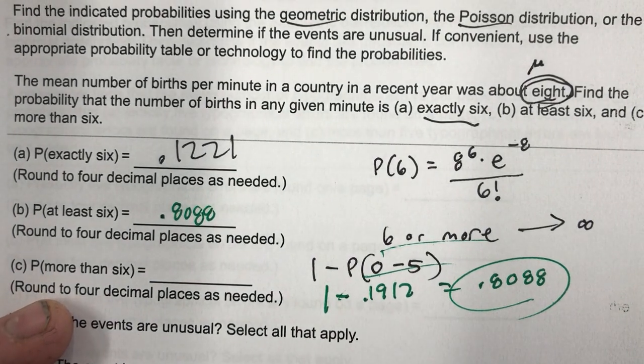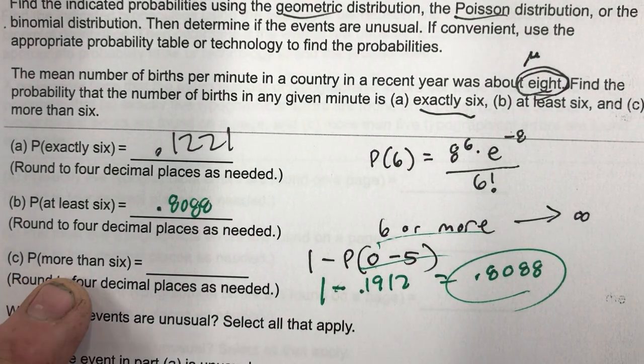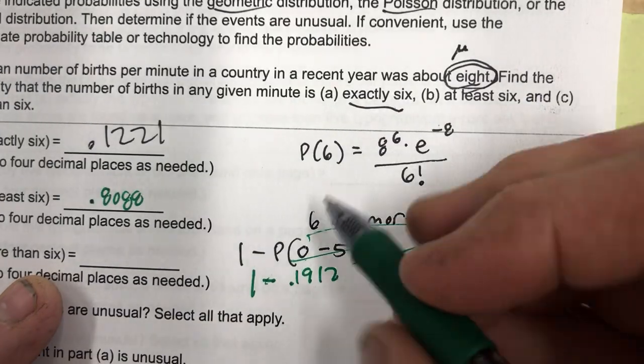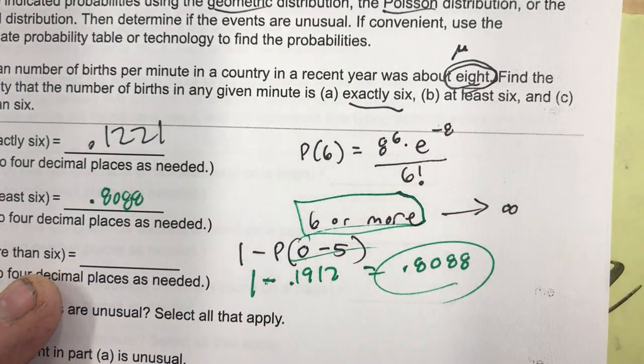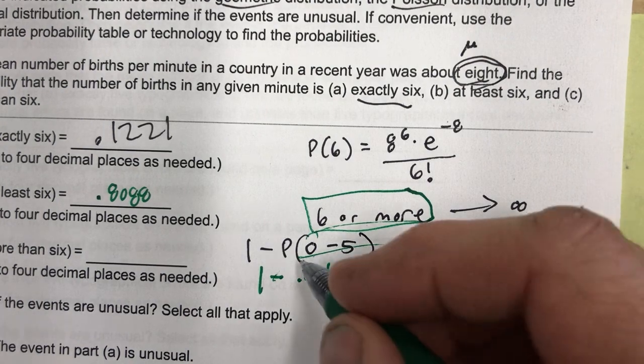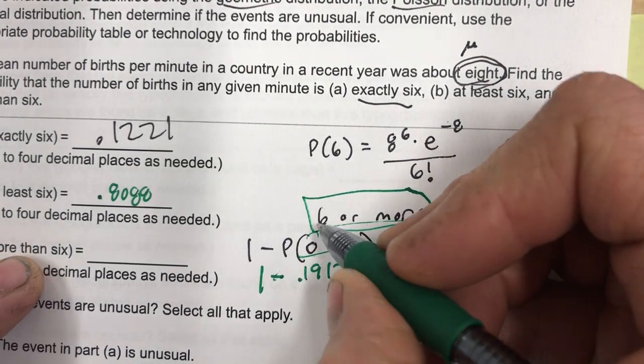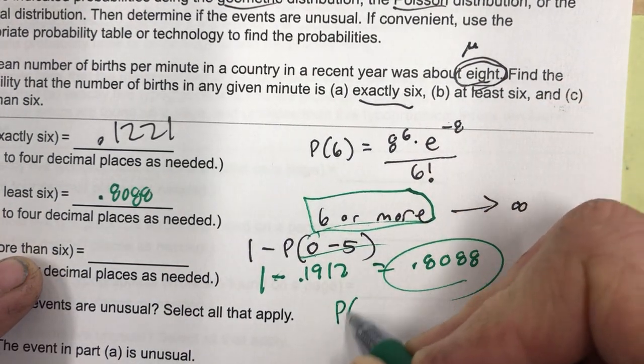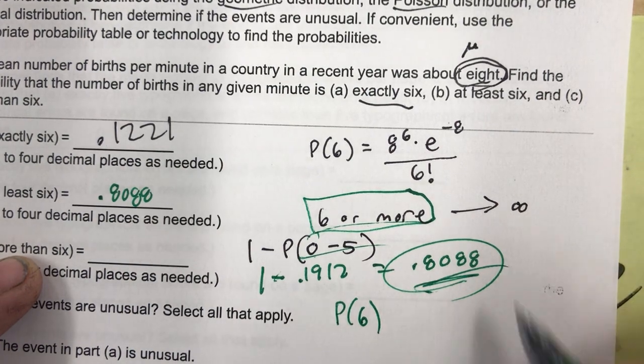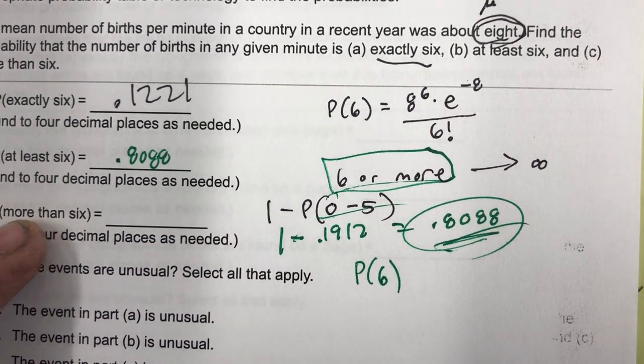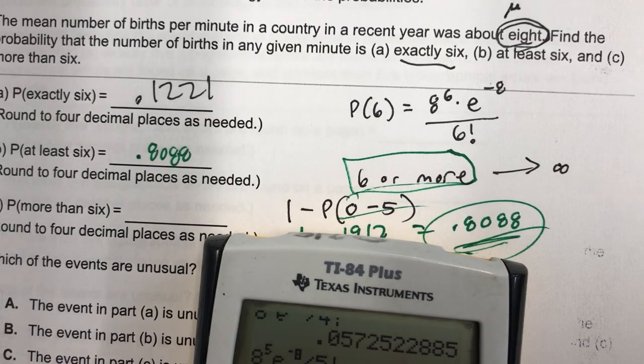All right. Now this says more than 6. All right, now what we just did there was 6 or more. Okay? This says 6 or more. This says more than 6. So what I need to do is I need to figure out what the probability of 6 is and subtract it off from that. Find the probability of 6. So I still have this on my calculator.